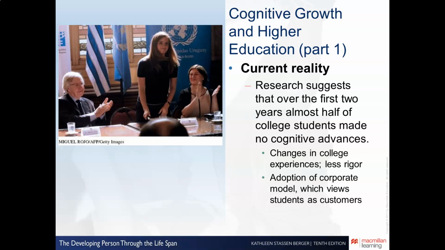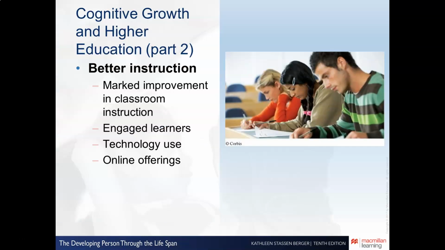That was just observed, and the reason it might be true is that colleges have changed a little bit, maybe being less rigorous than they were in the past, and adopting what's called the corporate model, which views students as customers. Some colleges are like that. So that's just something to keep in mind.